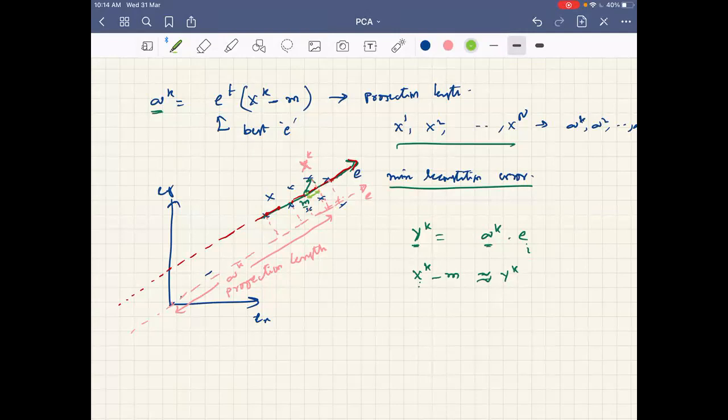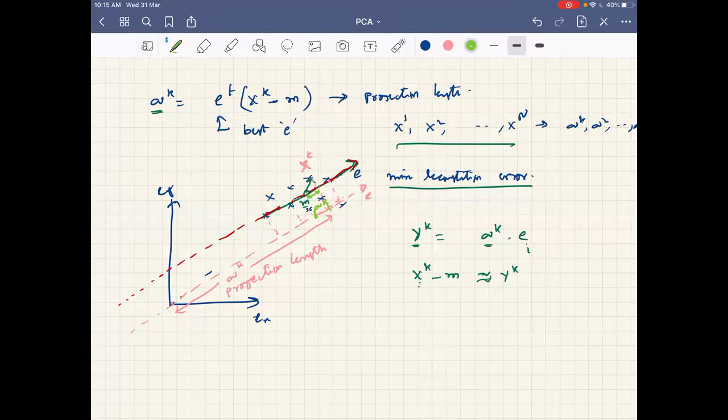Right, so this is what you are telling. This is AK, the new AK that we have calculated from M. Is this clear or not? So this AK is calculated from M.